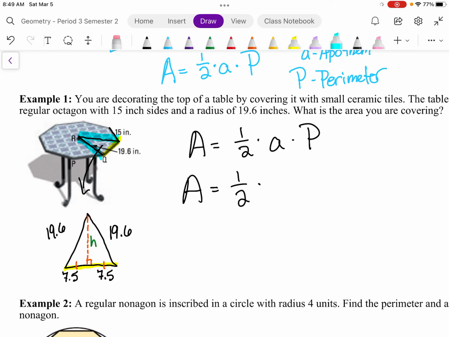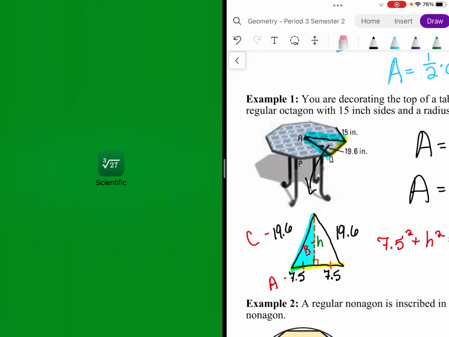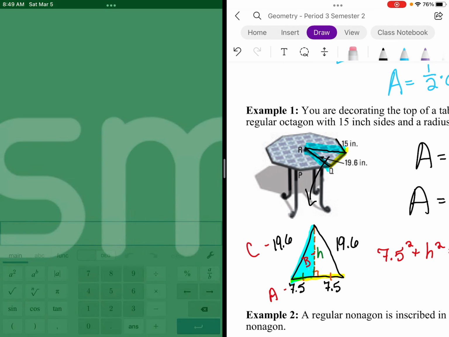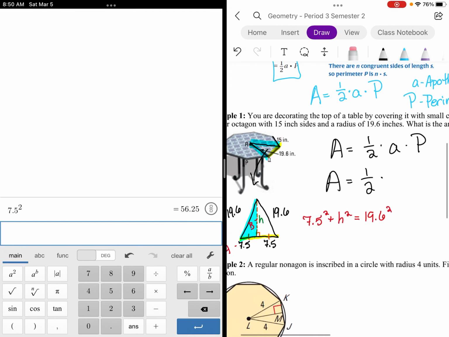From this, we can figure out the height by using Pythagorean theorem. So if you look at this triangle here, we can use this as our C value, A and B, to find what the height is, or the length of the apothem. So we know 7.5 squared plus h squared equals 19.6 squared. And if we just grab our calculator really quick. 7.5 squared is going to be 56.25.